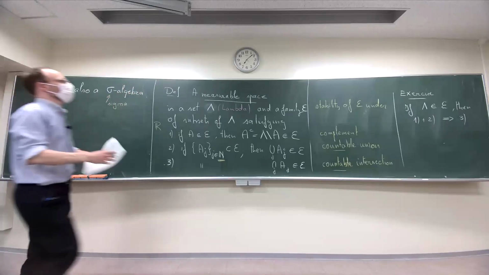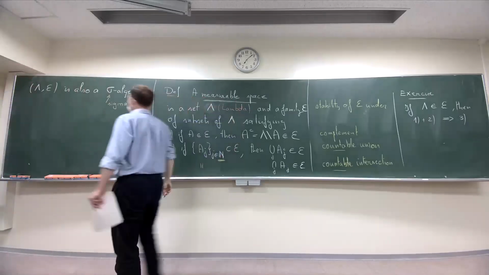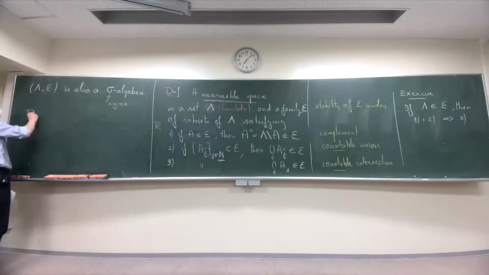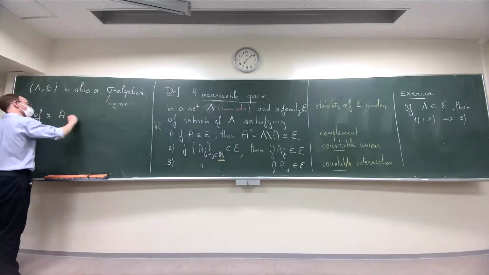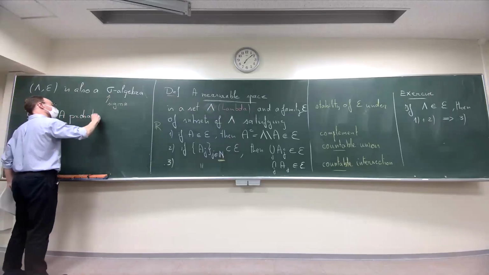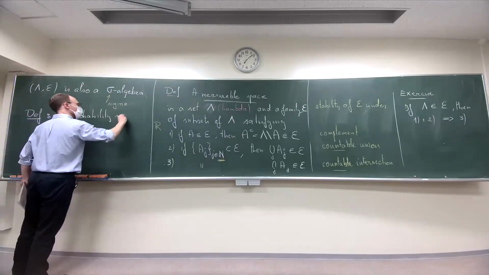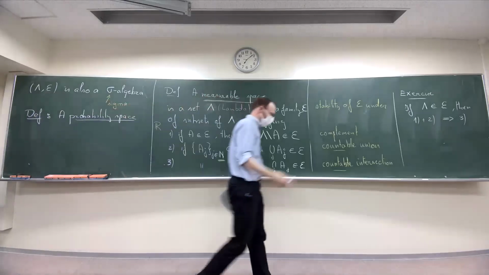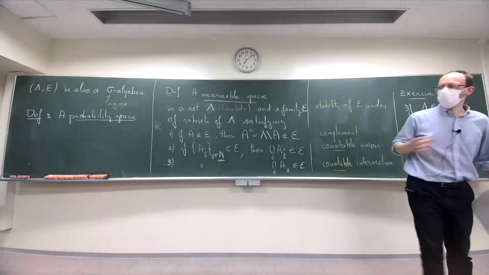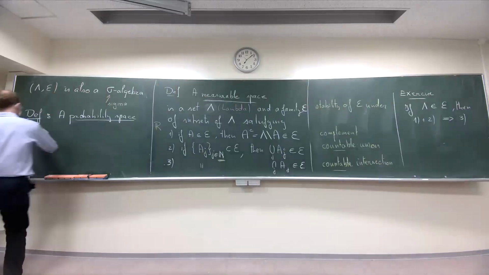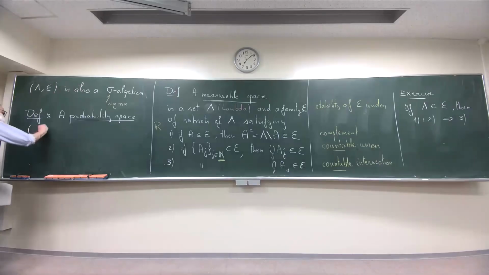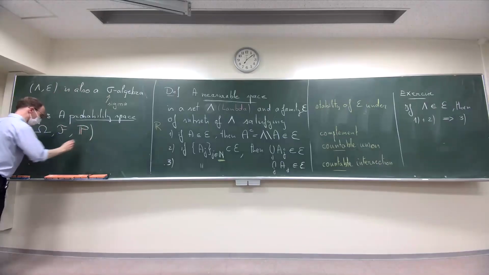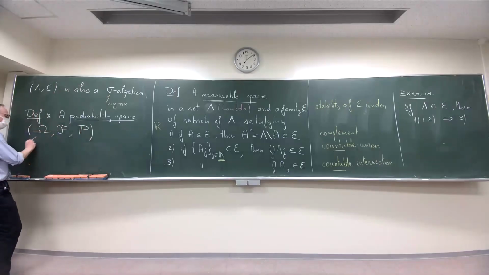Okay, so now we know what is a measurable space, and I can define the main object of probability, which is a probability space. So a probability space is made of 3 objects. It contains a set, this is capital omega, a family F, and this.